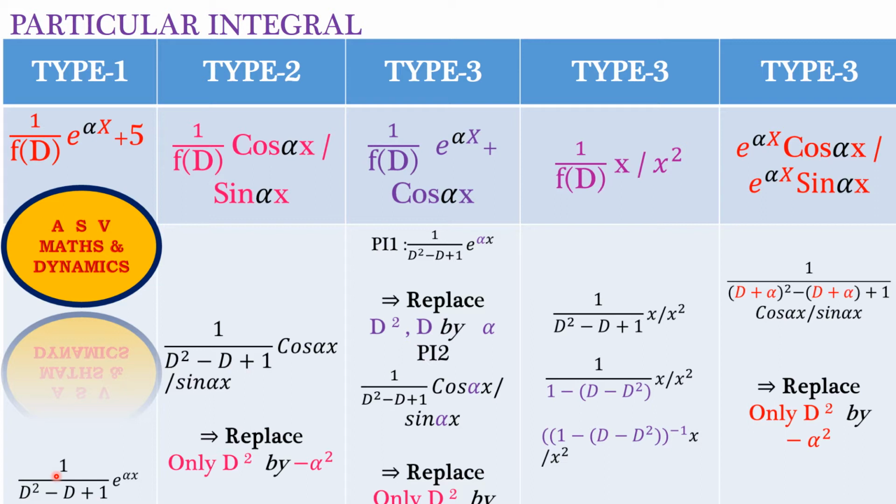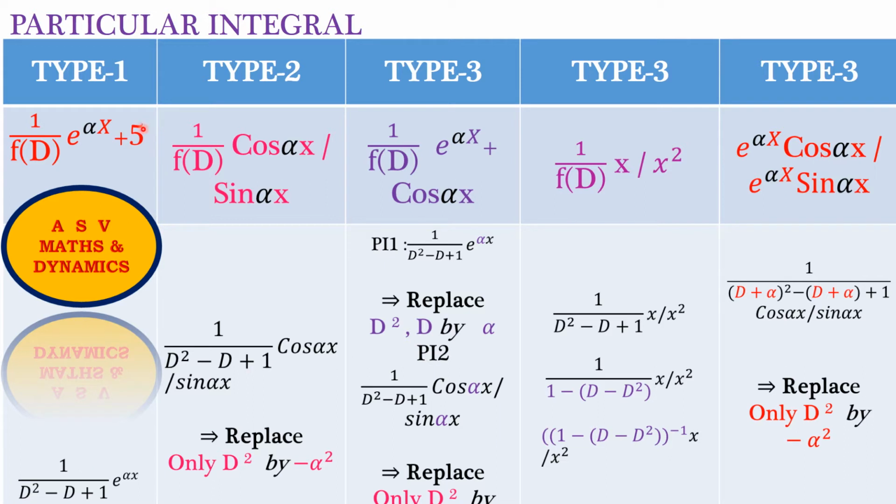In the particular part, when you substitute, if you get a value, it is your PI for this function. Suppose it is 0, then you have to add the x in the denominator and differentiate. And also one more time, if you get 0, once again you add the x and do the differentiation. This is the process for e power x.